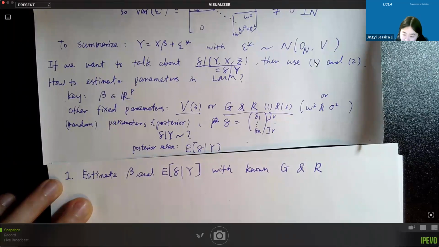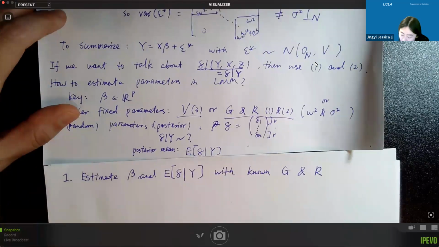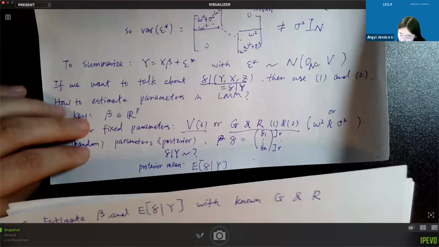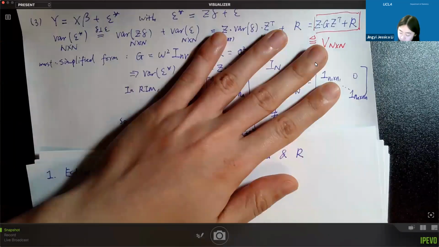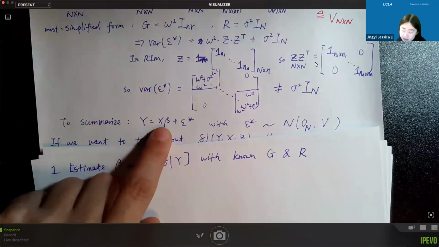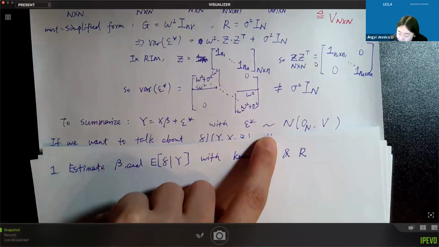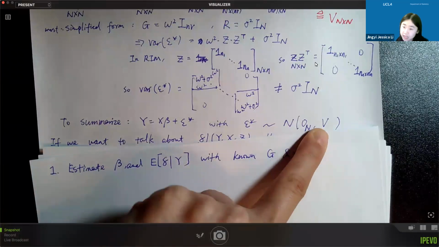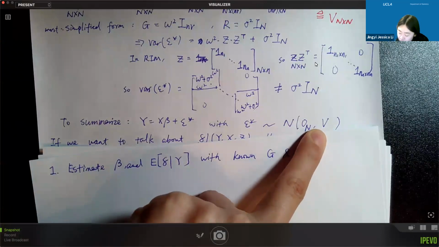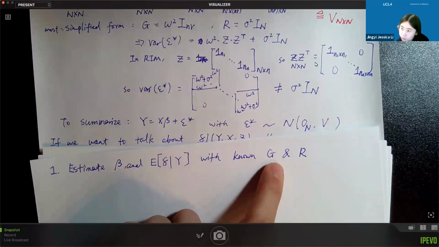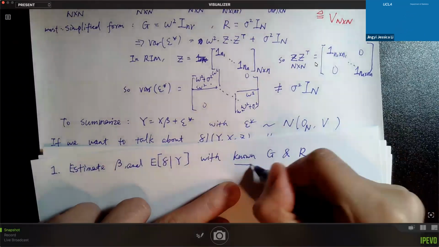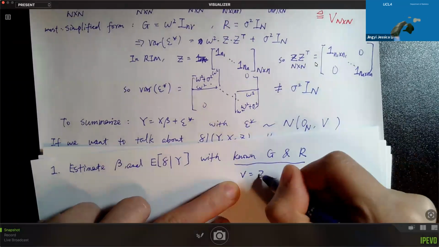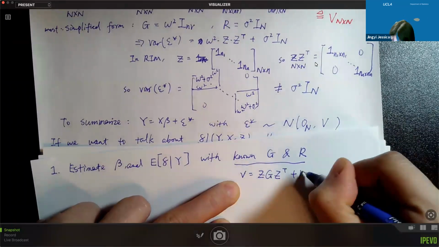So first, let's take a look at beta. In this case, our third way of writing the model will help us a lot. Given this model, y equals x beta plus epsilon star, with epsilon star following this, and now V is known, because V is just Z G Z transpose plus R. So they're all known.